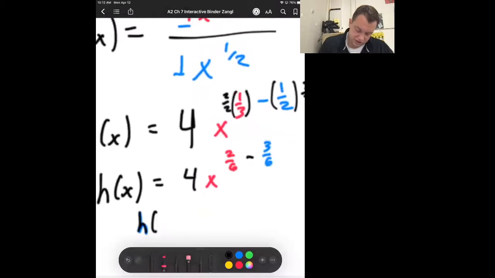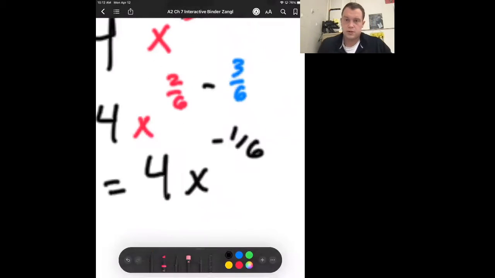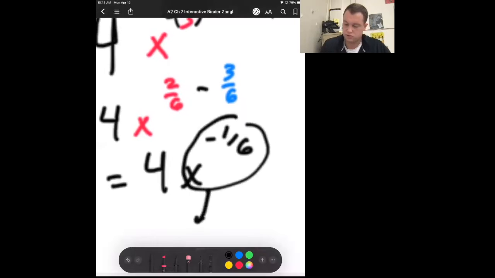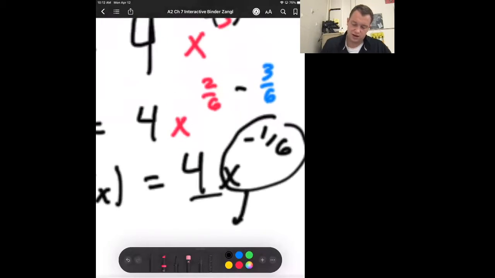So I'm going to have h of x equals 4x to the -1/6 power. All right. So right now, our big issue is I've got this 1/6 that's negative. Remember, if I have a negative exponent, I want to move it down to the denominator there. So I'm going to keep the 4 up on top.